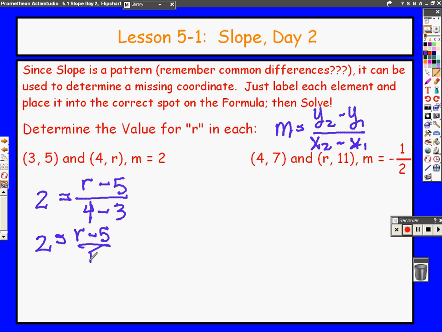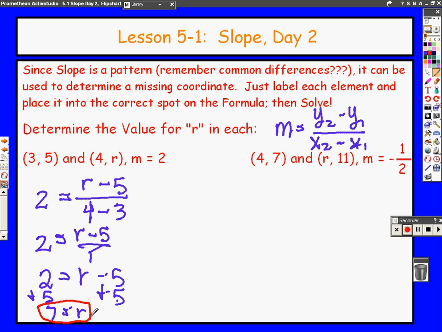Anytime I have a fraction over 1, I don't need to leave that denominator in there. So I end up with 2 equals r minus 5. To solve for r, I just have to add 5 to both sides, and I get 7 equals r.